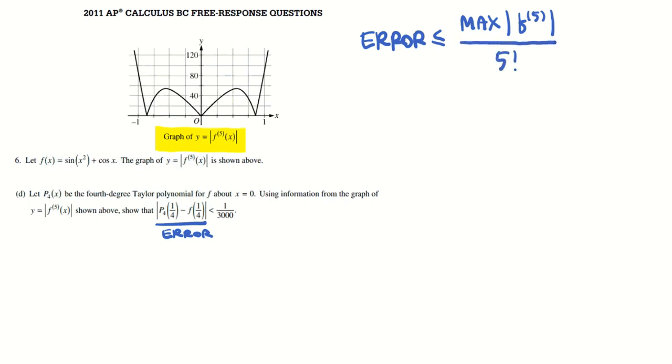Divided by 5 factorial times the absolute value of what are we plugging in? 1/4. We're centered at 0 to the 5th power. Now we're going to look over here and we're going to say, all right, this is 1/4.